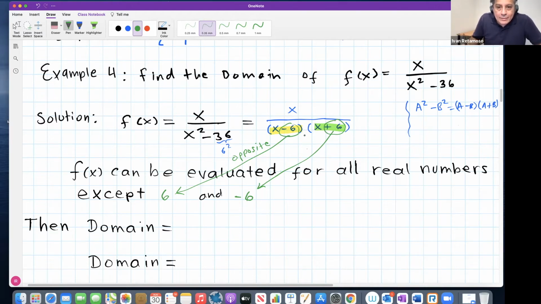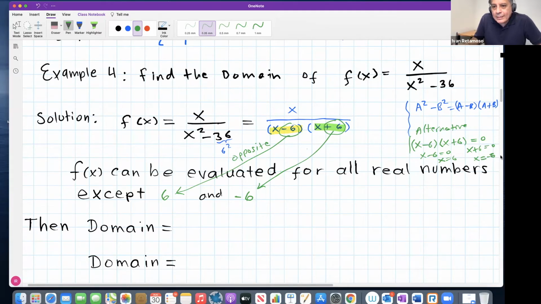Alternative, set this equal to 0. If it's not easy to pick up the opposites, sometimes the denominator might be complicated. Then set this equal to 0. From there, you will get them. Okay. X equals 6, x equals negative 6, right?